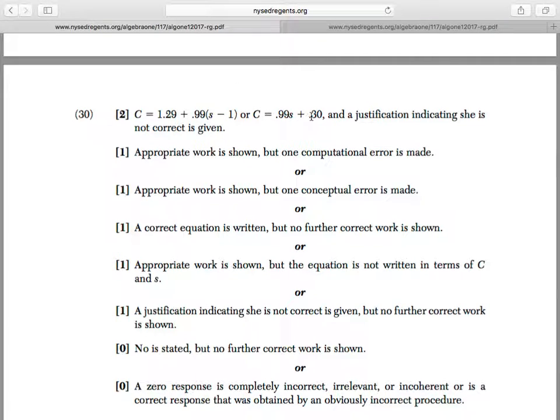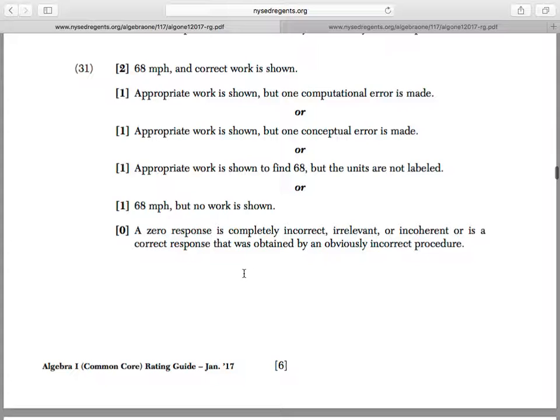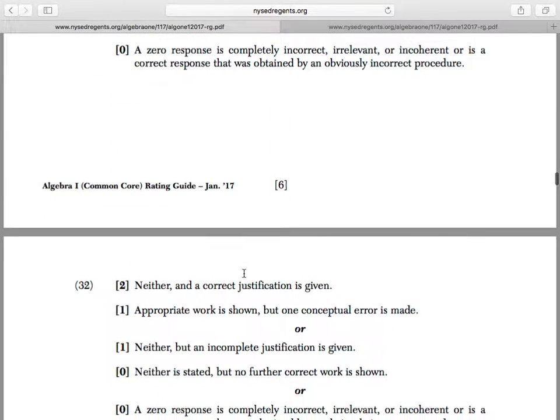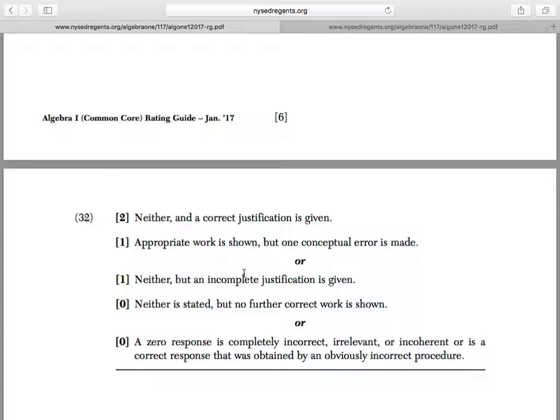If you do the linear regression technique, you'll get the second formula. If you do the sequencing technique, you get the first. Okay, 31 is 66 miles per hour, work shown. Don't worry about the 1s and 0s. You're just checking if it's right or wrong, and then if you have an answer on it. We're not adding up a grade, okay?